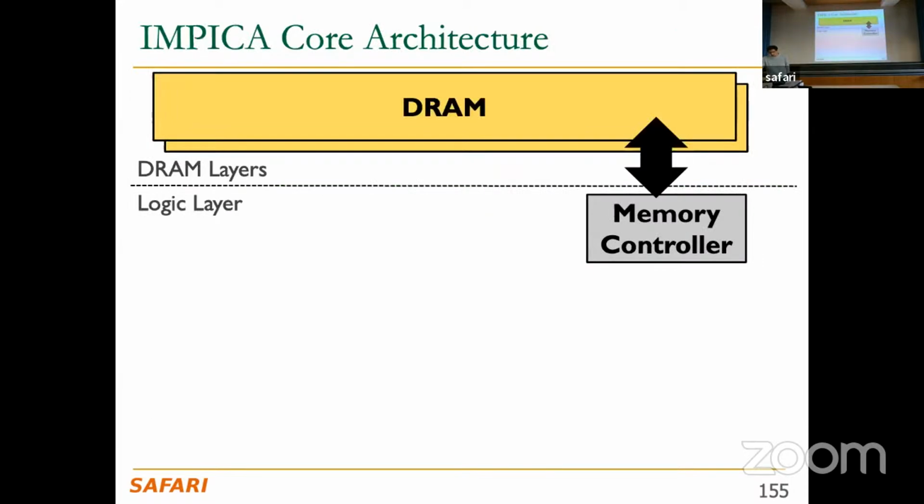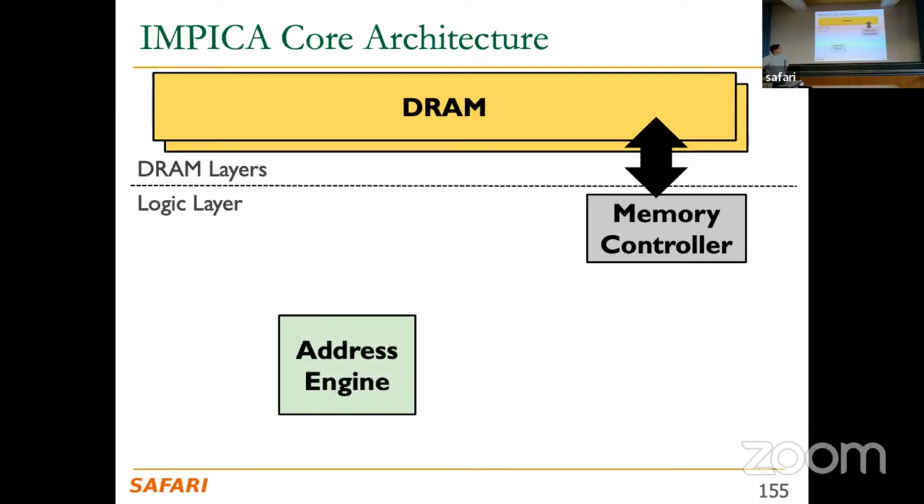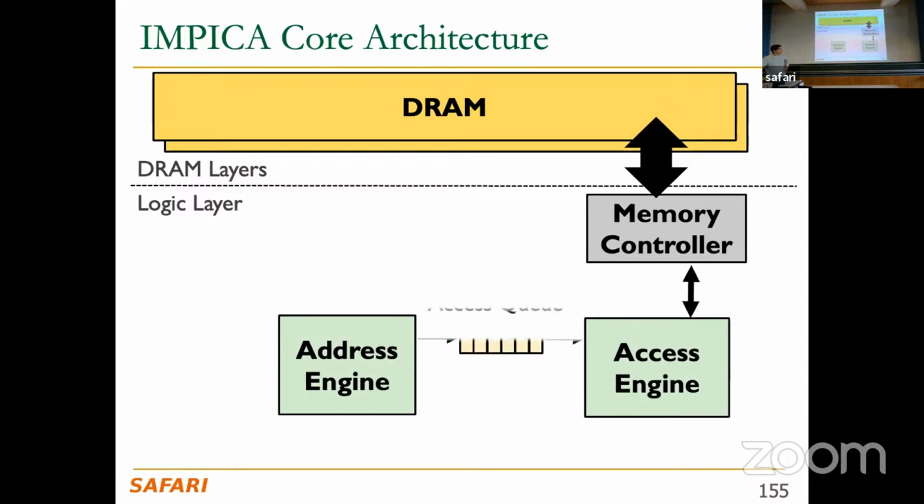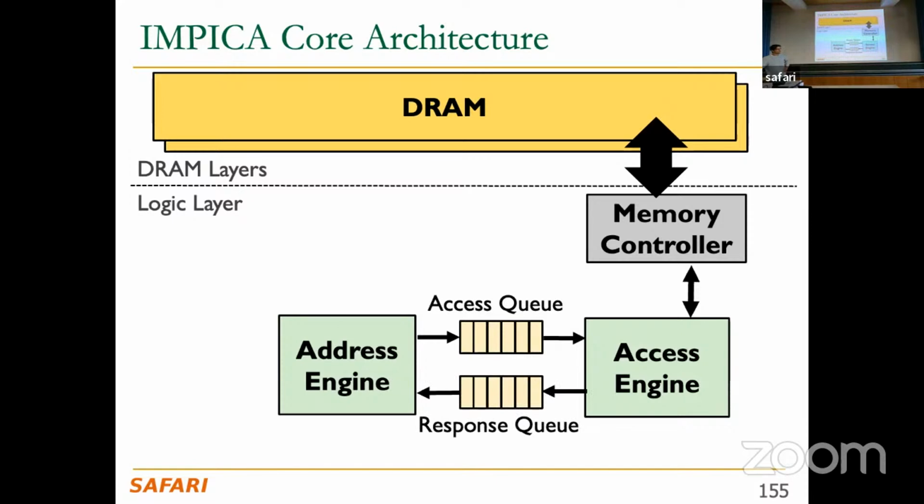So let's take a closer look at the Empika core architecture. As you can see, we have DRAM layers. Remember that this is implemented on 3D-stacked memory. We have DRAM layers, and then we have the logic layer. In the logic layer, we have memory controller, and then address engine and access engine. Between these two, there is an access queue and a response queue. The access queue is for the address engine to write the addresses that need to be accessed by the access engine.